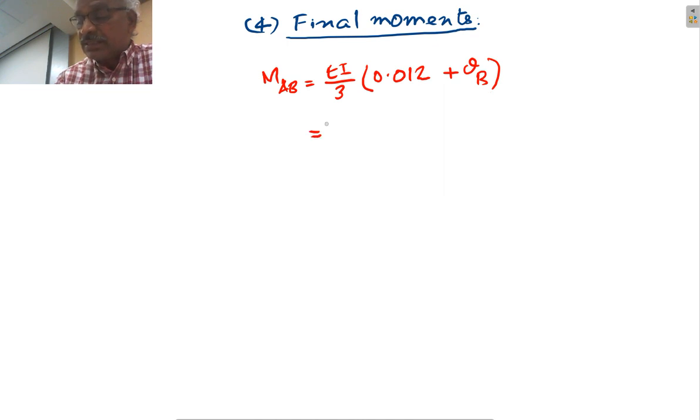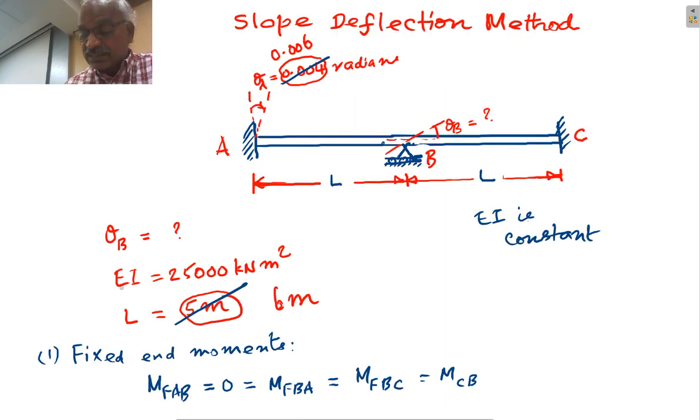So here EI is given as 25,000 kilonewton square meter. The distance we have taken in terms of meter, and no force is given, so we'll take forces as kilonewton.